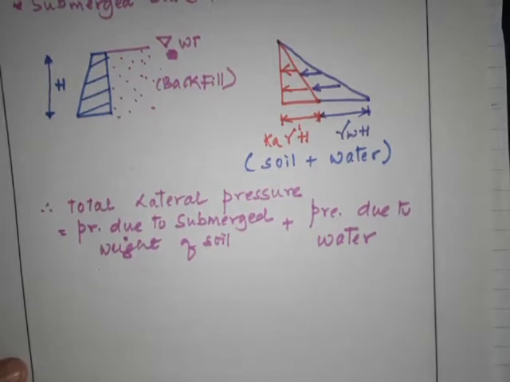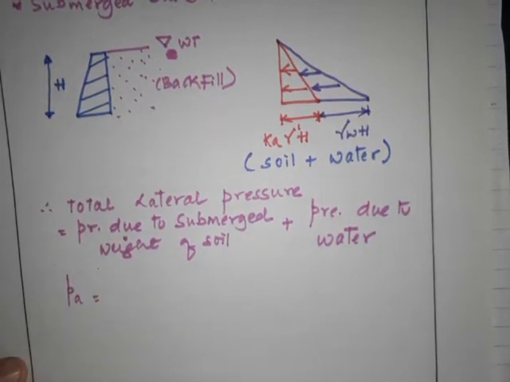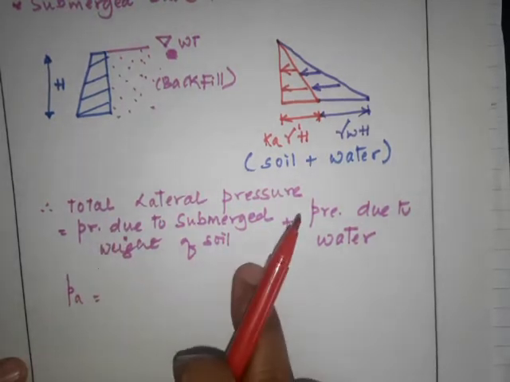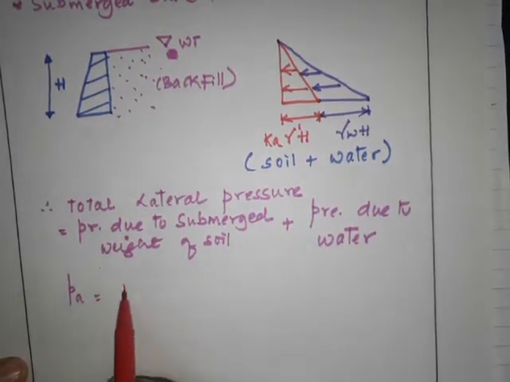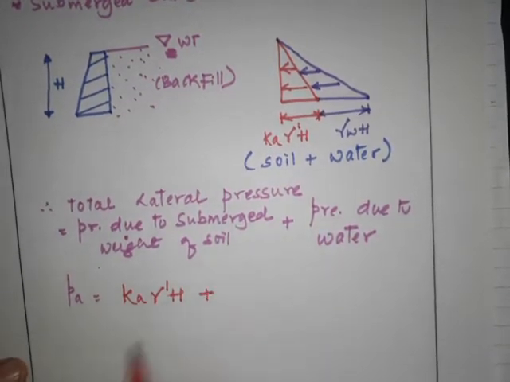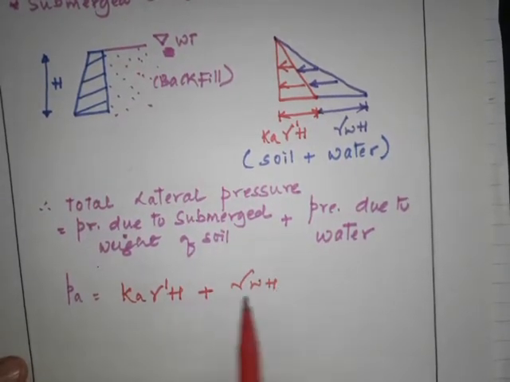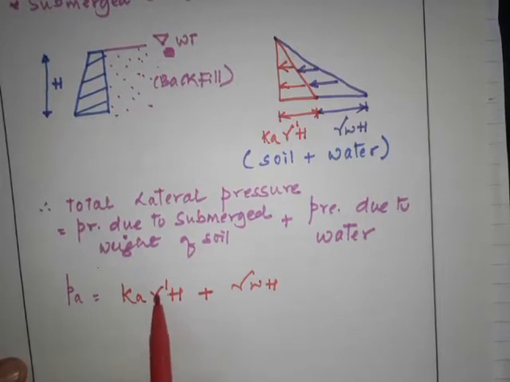So when I write the statement, PA will be equal to, due to the submerged weight of soil, K into gamma dash into H, plus because of water, gamma W into H. Where gamma dash is the submerged unit weight of soil, and gamma W is the unit weight of water.